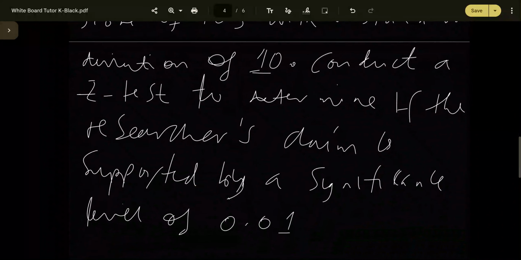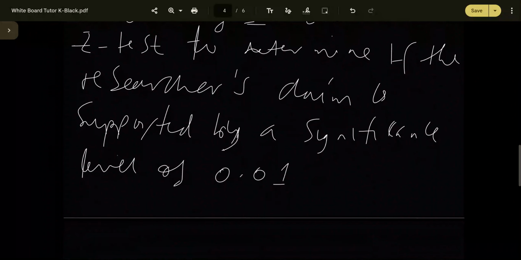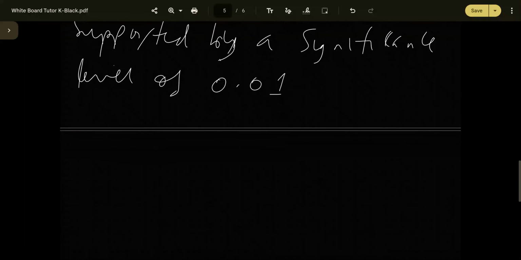We want to conduct a z-test to determine if the claim is supported at a significance level of 0.01. Let's see how we are going to solve this question.